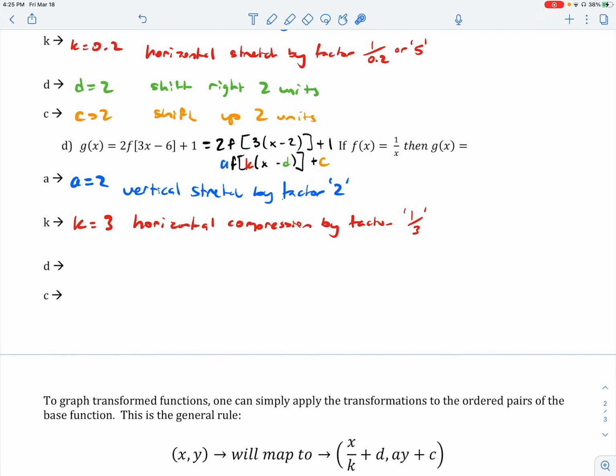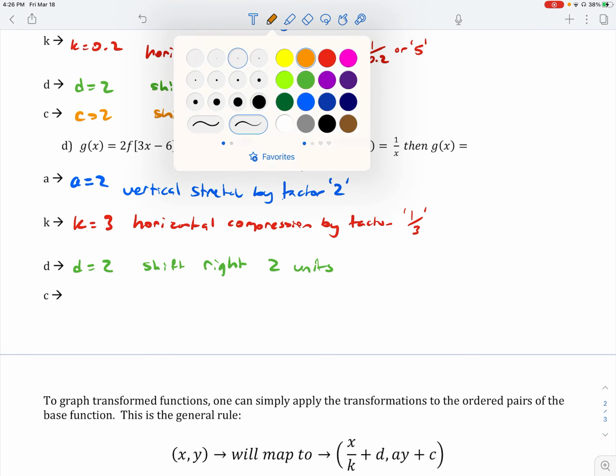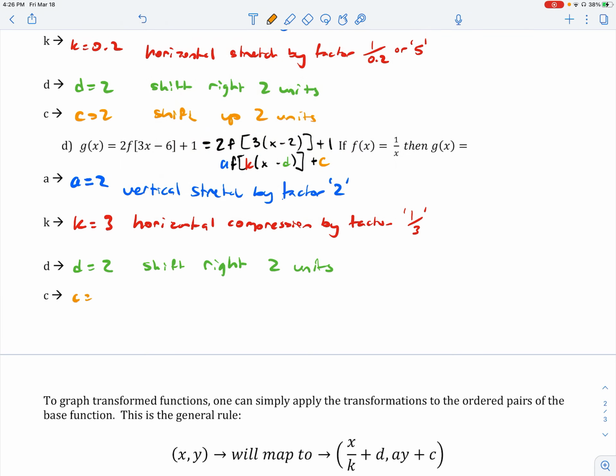Okay, whenever you have a small number here, you always want to be using the word compression with it. My value for D is 2, not 6. So this is going to shift right 2 units. And lastly, C is 1, so shift up 1.